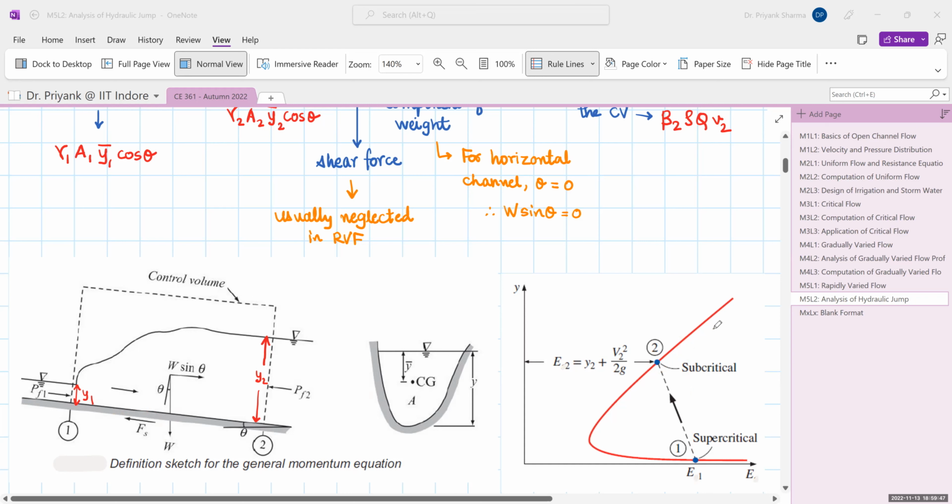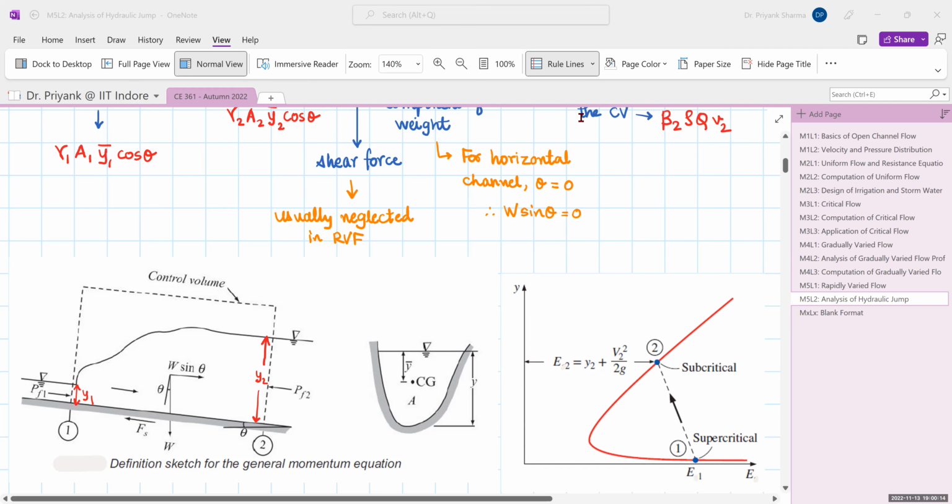But in case of a hydraulic jump, there is an energy loss. This is the energy loss EL, and the energy is lost while attaining this sequent depth y2, and that is why it has a different energy. So E2 is E1 minus EL. That is the transition in hydraulic jump represented using this specific energy diagram.